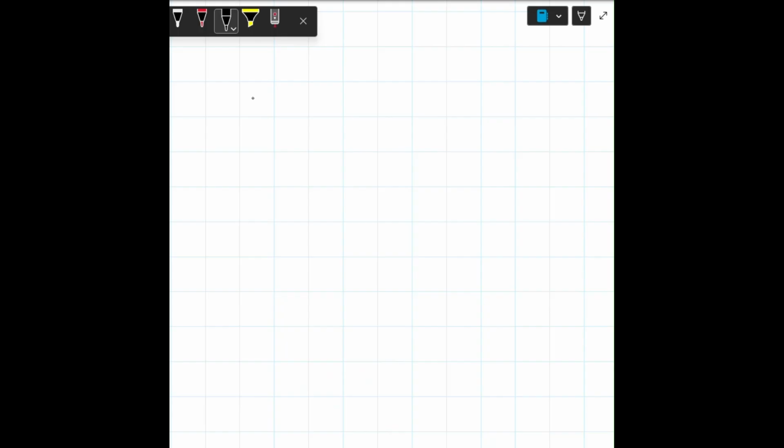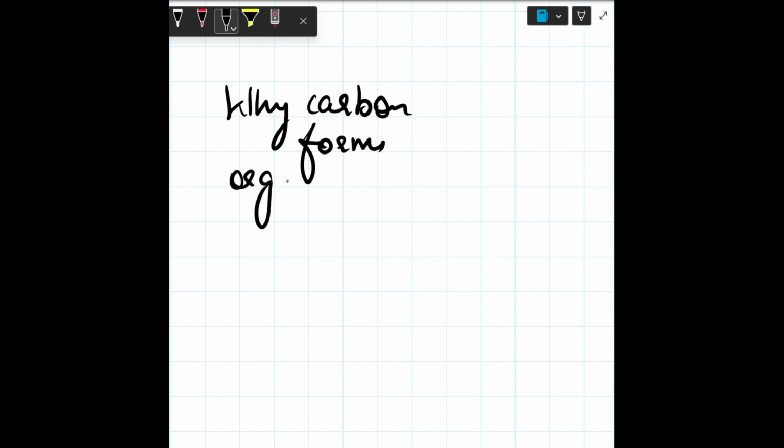So as I mentioned, grade 11 organic chemistry is all about the basics. You're looking into general organic chemistry. You're looking into how you're going to be studying organic chemistry for the rest of these 2 years. Your general organic chemistry starts with why carbon forms organic compounds.